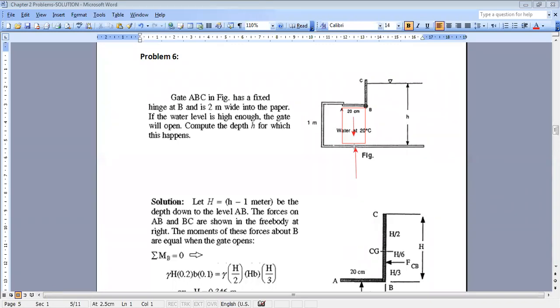Why can I calculate it? Because I know that here I have a pressure at this level. Pressure is equal to rho times g times small h. Okay, so I have rho g times small h.